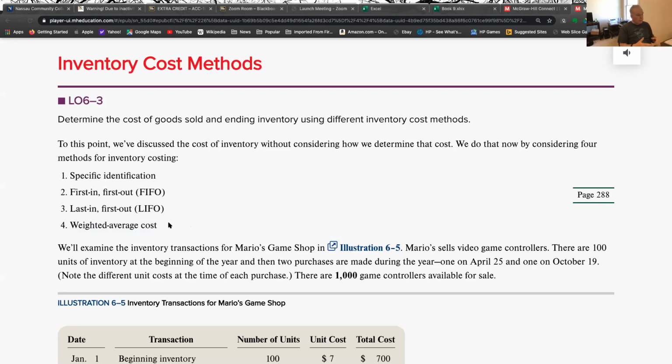I averaged those numbers together, and that's how much the average desk cost me, and I multiply it by how many desks I have. I don't know why, but this is a method that is hardly ever used. The reason they give in a textbook is because that average price may not reflect the actual price of any individual purchase. That's the excuse they give. I think it's kind of a weak one, but that's what they give.